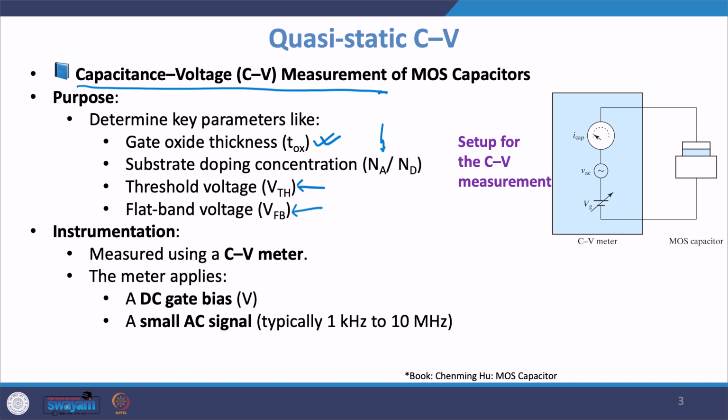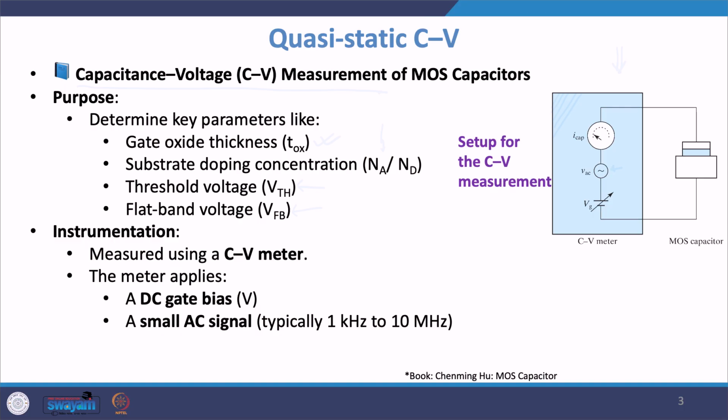So, VTH and VFB can be directly seen visually from the CV characteristics, whereas the first two, oxide capacitance and Na and Nd, will require some amount of mathematical manipulation from the observed graph of CV to extract the values of Tox, Na and Nd.